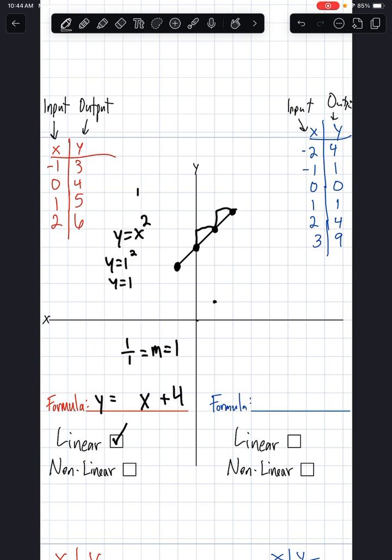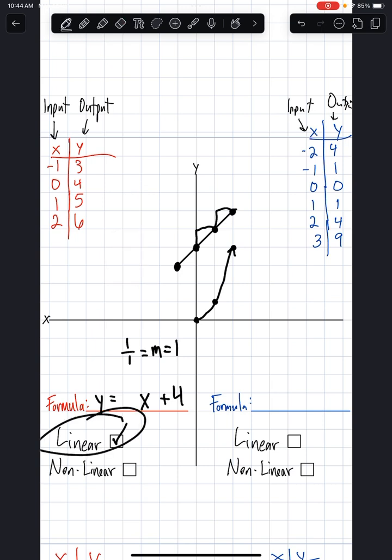So 1, 1 would be this. You plug in 0, it'd be 0 squared, which is right here. And if you plug in a 2 as your input, you get y equals 2 squared, which equals 4. So at x equals 2, it becomes 4, which causes it to curve, which makes it nonlinear. That's what we mean by linear and nonlinear. So this one is linear.